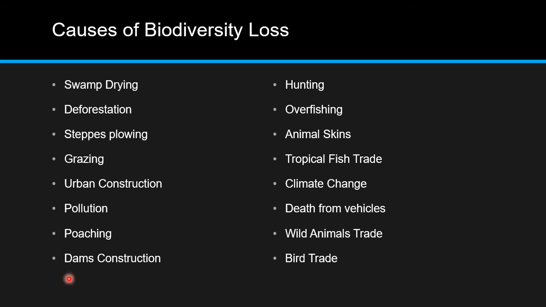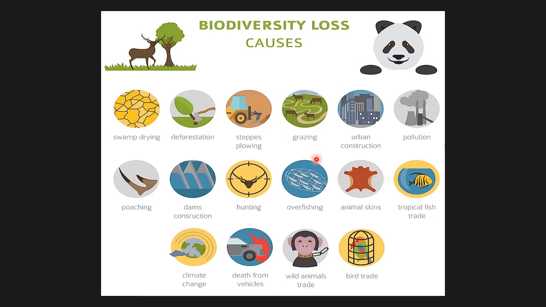So all of these causes show that biodiversity is not just an easy issue to solve. It is a multifaceted environmental issue that poses serious threats to our planet today. So over here, you can see an infographic of all the different causes of biodiversity loss.